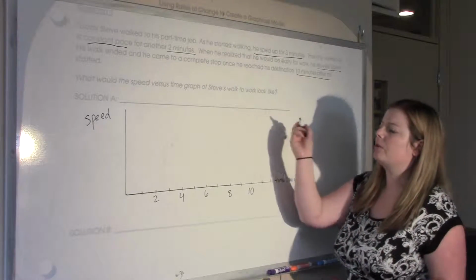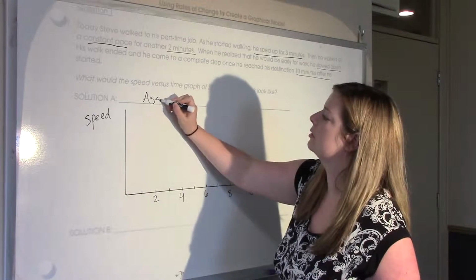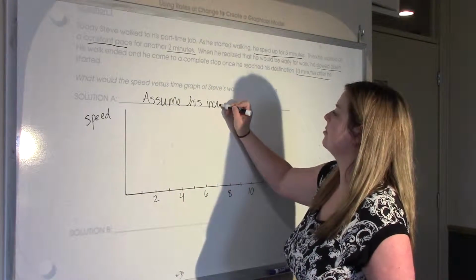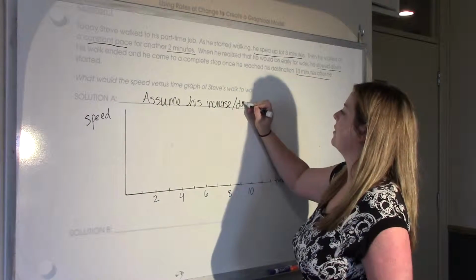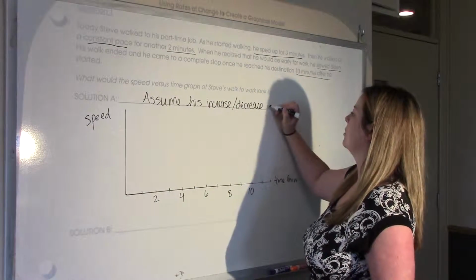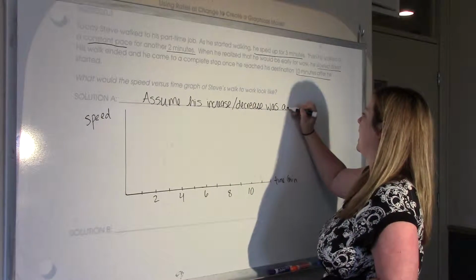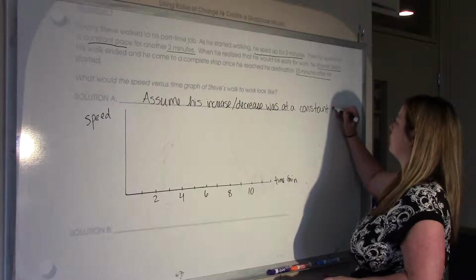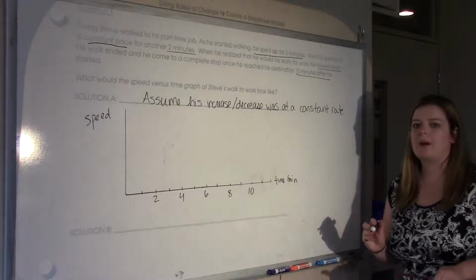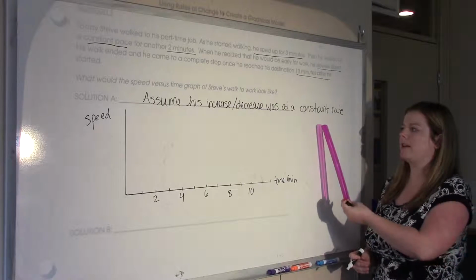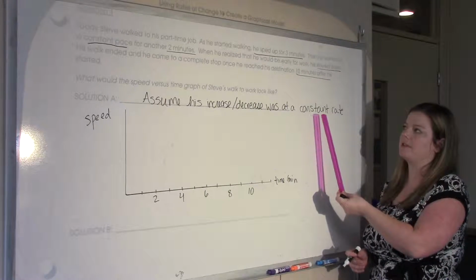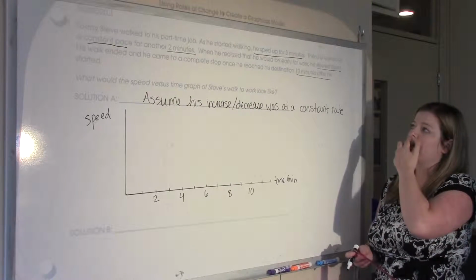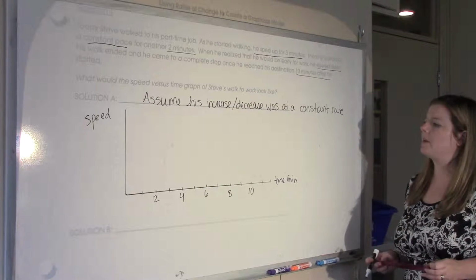Well, in this solution, we're going to assume his increase or decrease was at a constant rate. So think about how that would vary, okay? Whether it's a constant rate of increase or decrease versus a not constant rate of increase or decrease, so a varying rate.